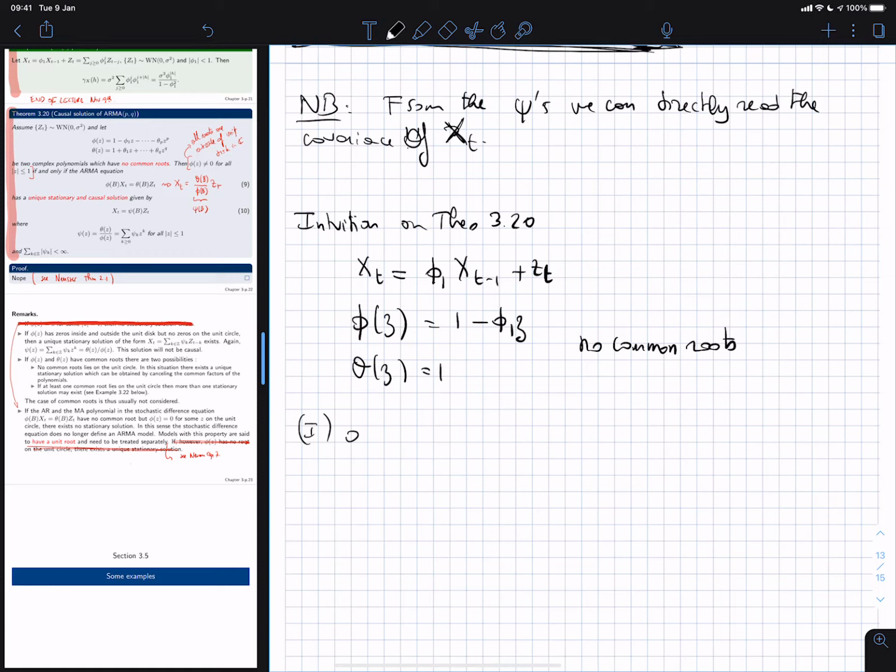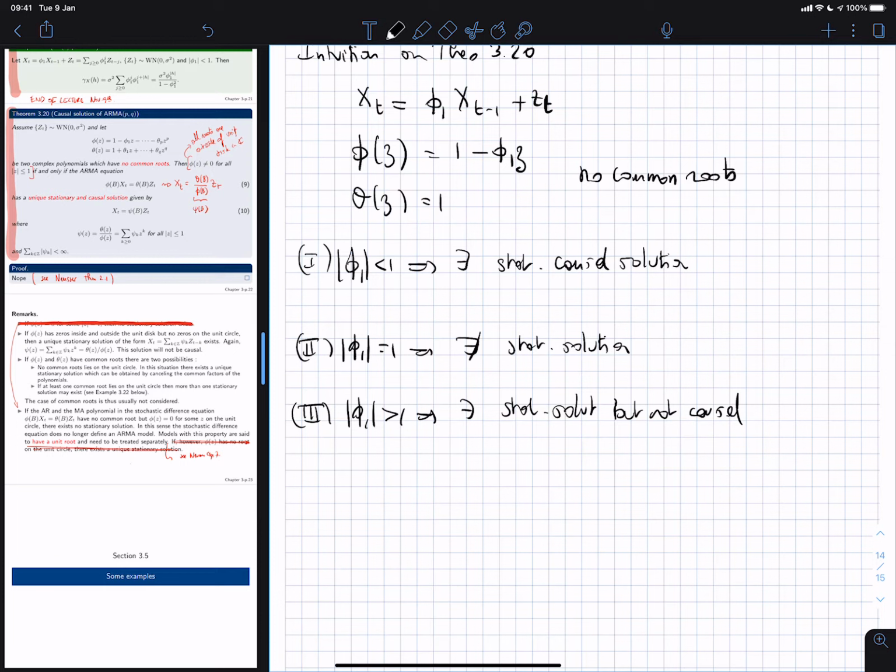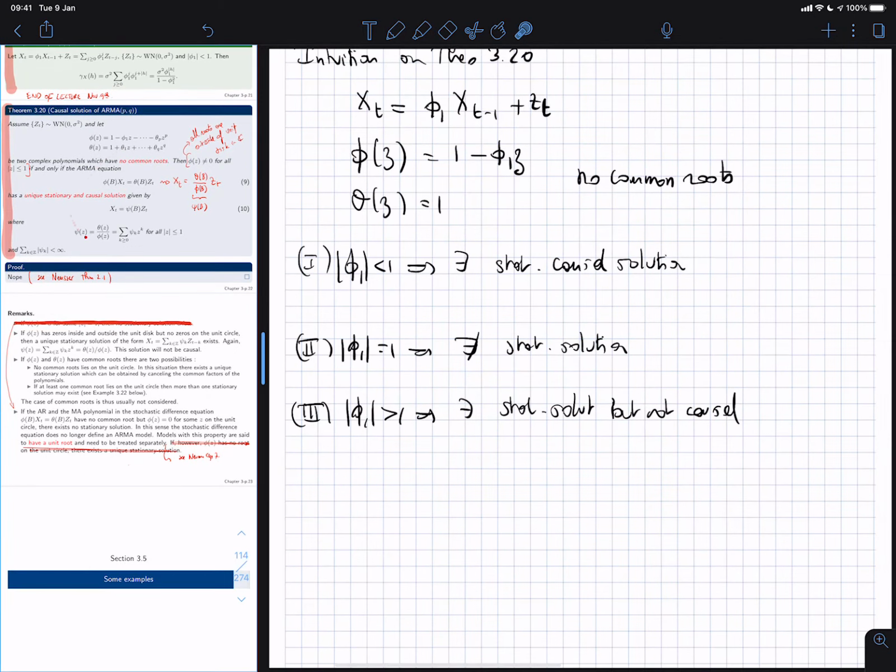First case was phi1 less than 1, then there exists a stationary and causal solution. Secondly, if phi1 was equal to 1, then there was no stationary solution. And thirdly, if phi1 was larger than 1, then there exists a stationary solution, but not causal.